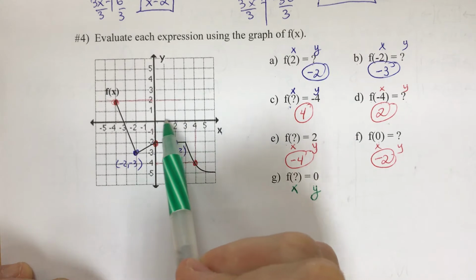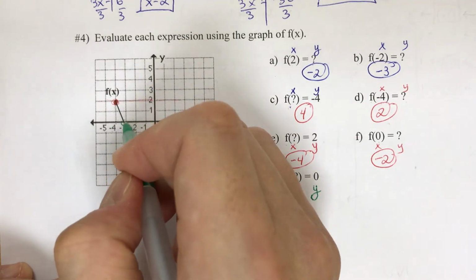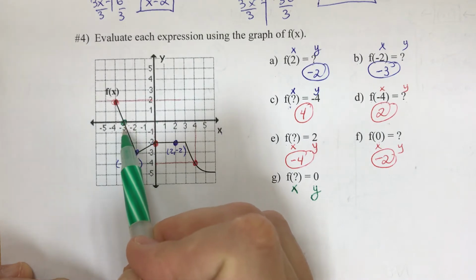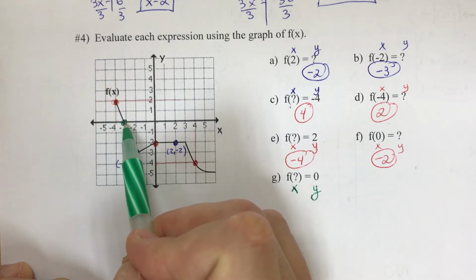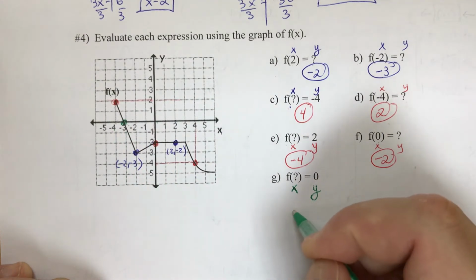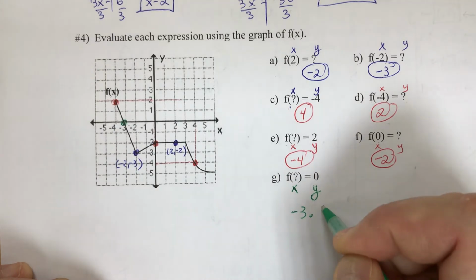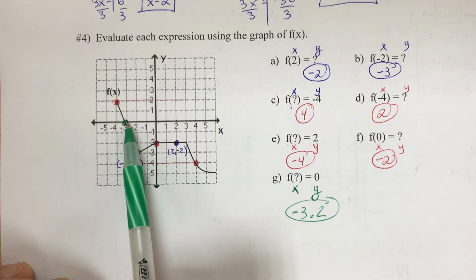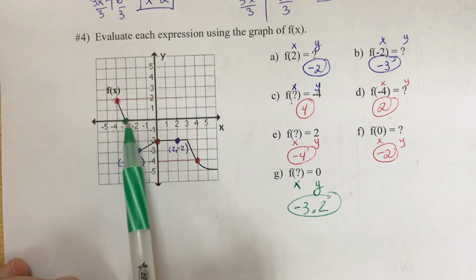Nope, no points, no points, no points. There's a point. Now you look at that, it actually looks between -3 and -4. Let's estimate, I'll say -3.2. If this was on a quiz or a test, I would accept anything that's close to that. If you said -3.1, even if you said -3, I would accept that.